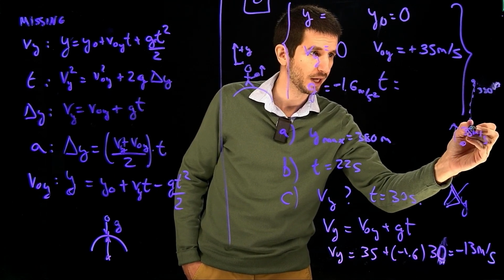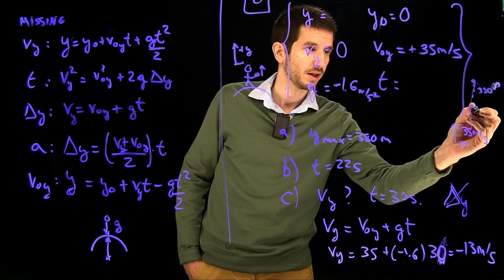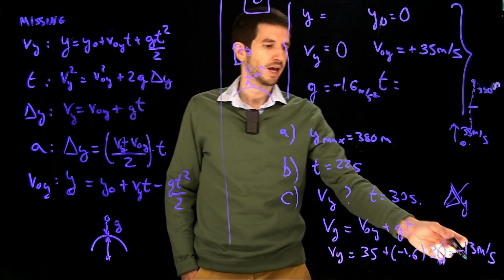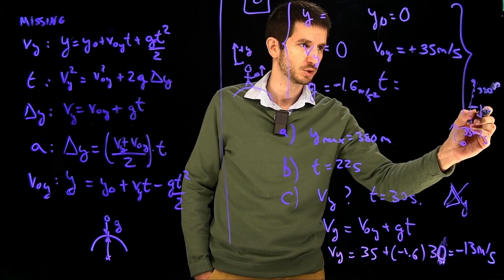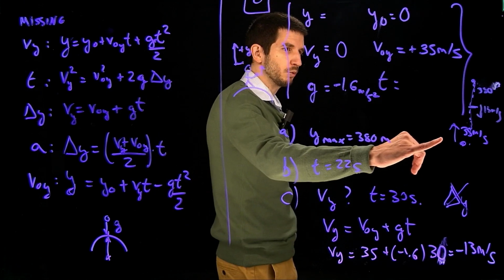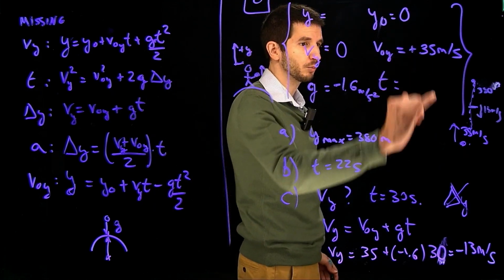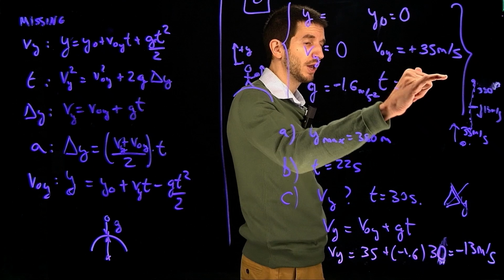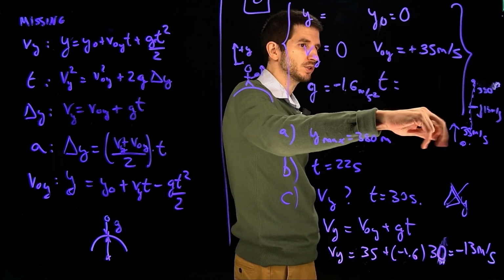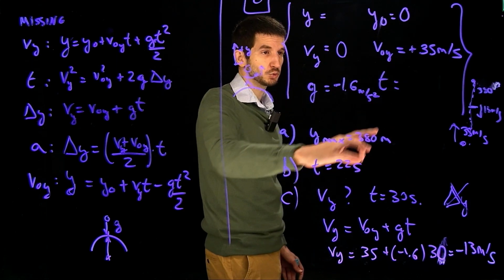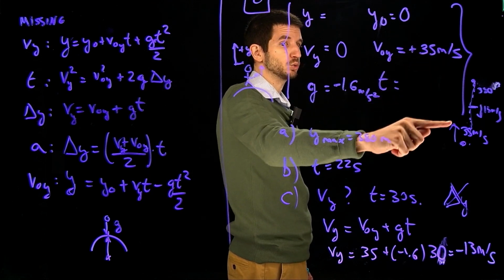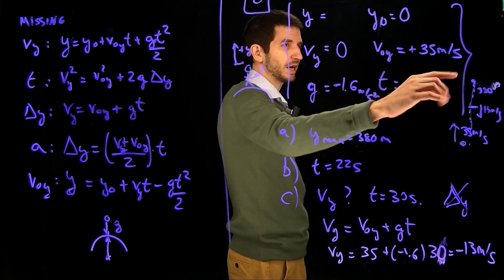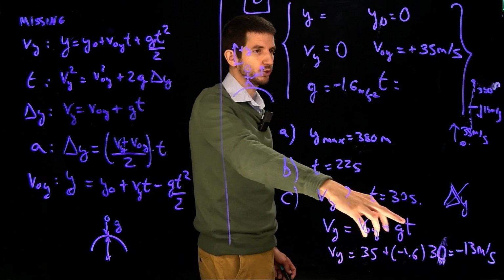Then it's going to fall down, and at some point here, it's going to have minus 13 meters per second. Again, this is the idea we were just discussing. 35 meters per second positive is going to go all the way down to 0, and then the velocity is going to start decreasing until at 30 seconds, which is 8 seconds after the 22 seconds it takes to reach the maximum, the object has minus 13 meters per second.